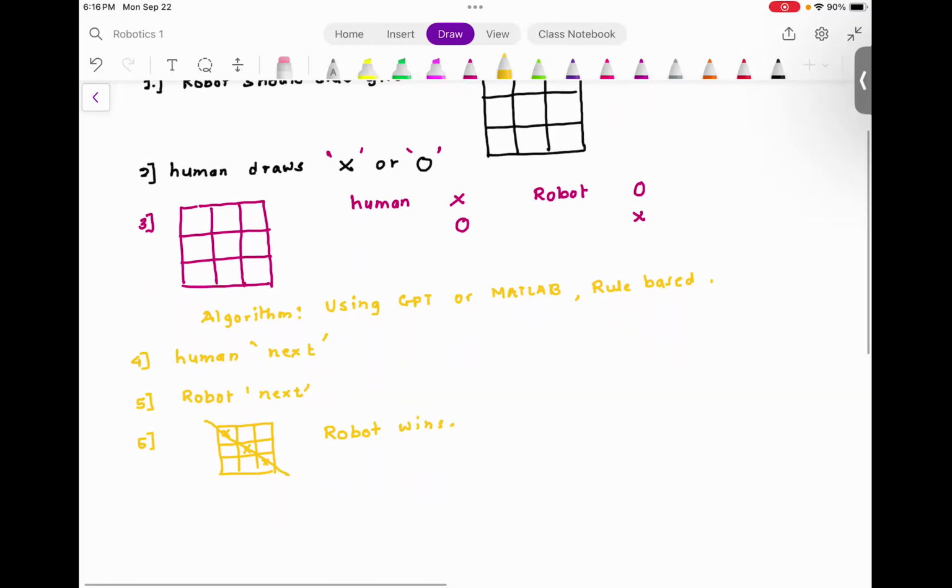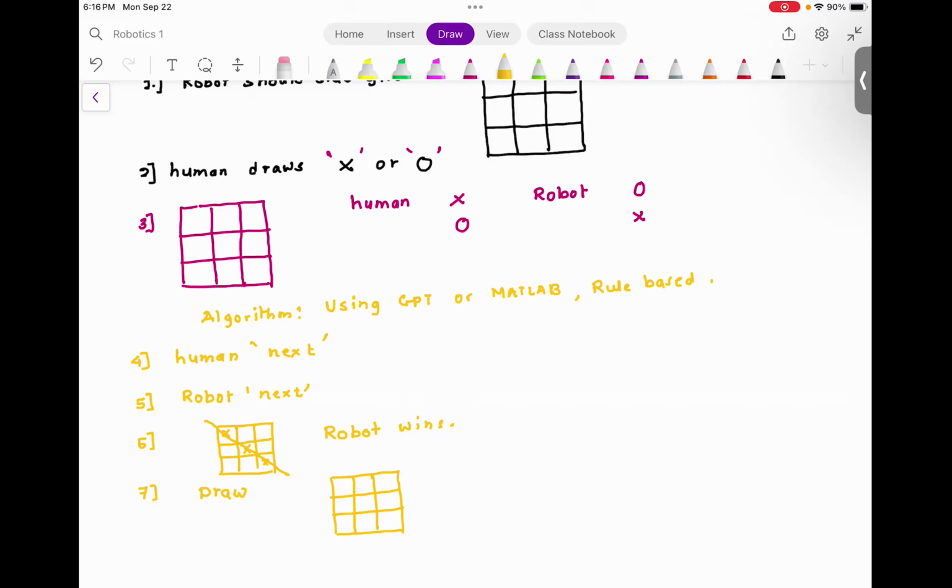If it's a draw, then the robot basically should indicate it's a draw. For example, if you finish a horizontal line or vertical line, the robot should draw a horizontal or vertical line.